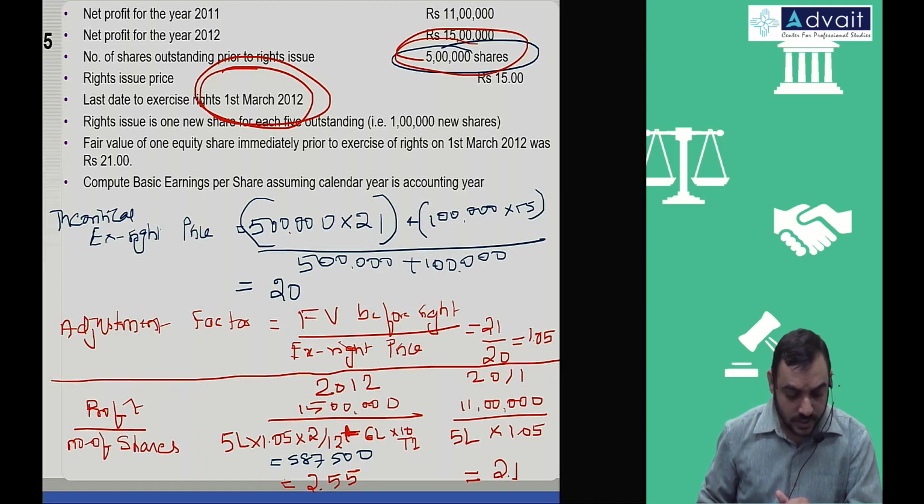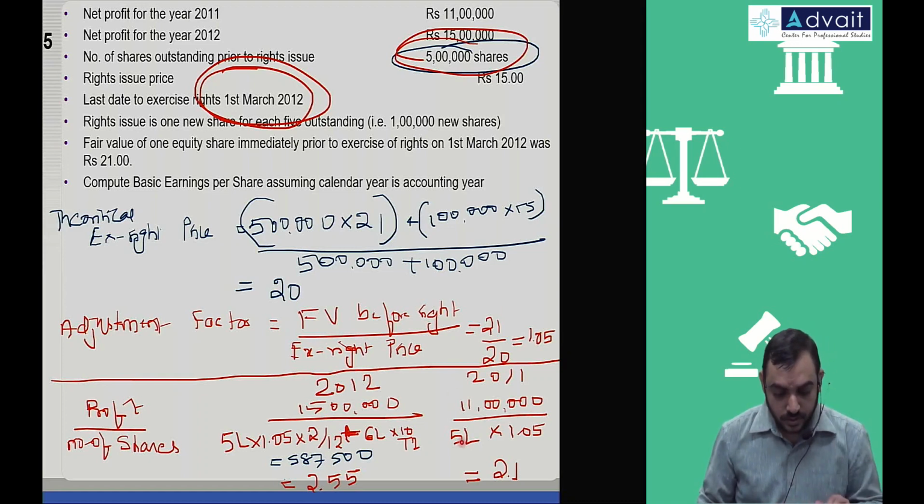Just take a look at this example of what we did. For computing adjusted EPS for the year 2011, 5 lakh multiplied by 1.05. That is, the number of shares is multiplied by the adjusting factor. That is the adjusted EPS, 2.1.